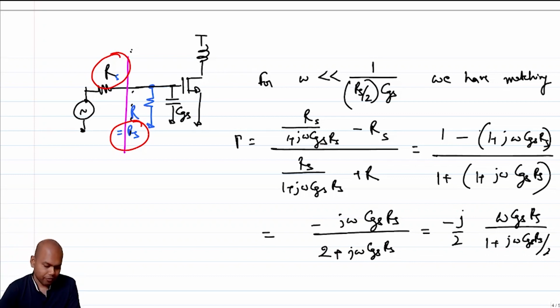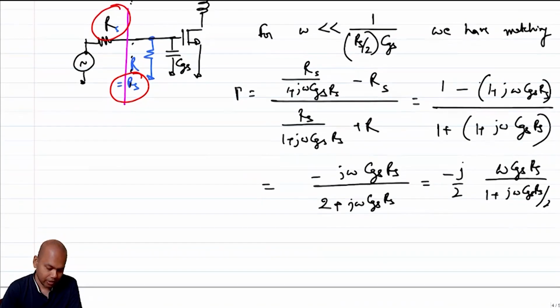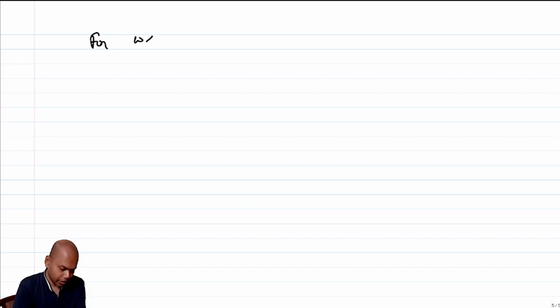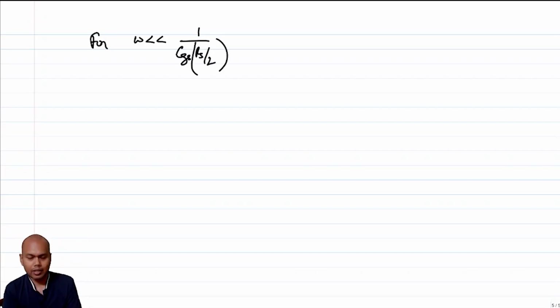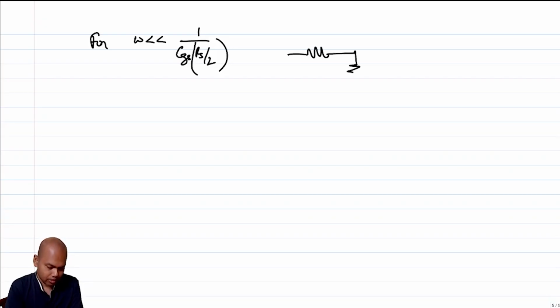So if for example I neglect the effect of CGS just for the sake of simplicity, for omega much lesser than 1 over CGS RS by 2, which essentially means that I can neglect CGS, your circuit essentially becomes this.